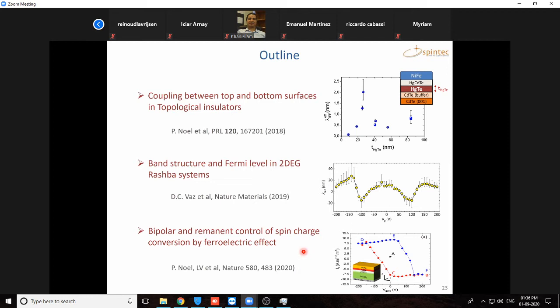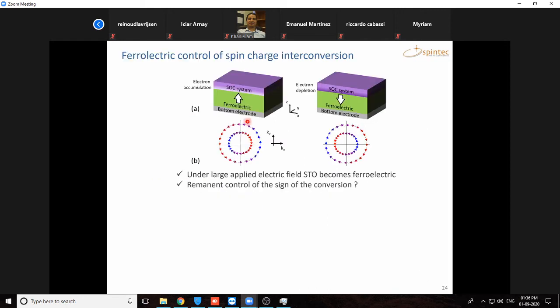So here we can have a bipolar and remanent control of the spin to charge conversion. If we have a ferroelectric material below a SOX system and we reverse the polarization of the ferroelectric material, we might be able to reverse the chirality of the Fermi contour.